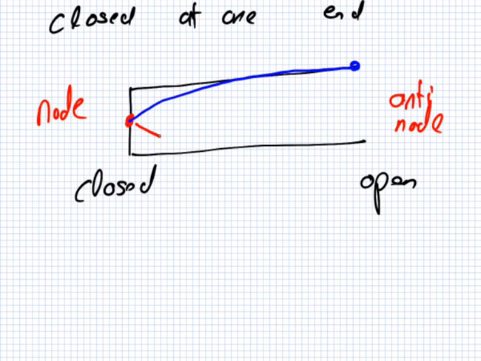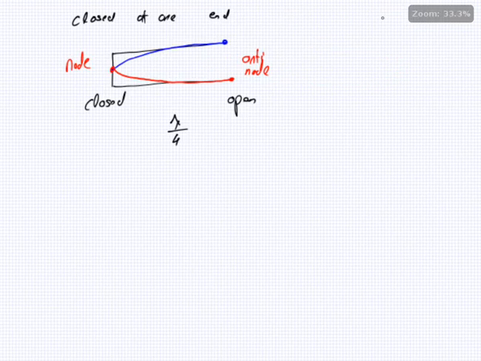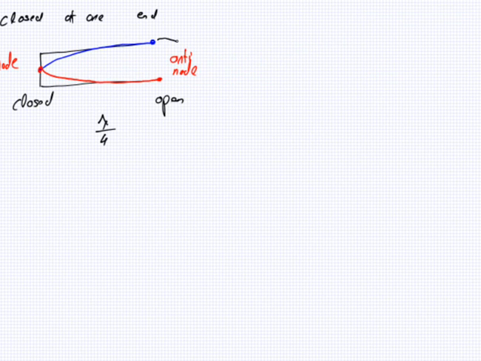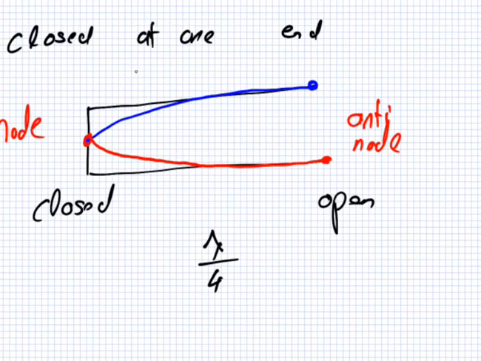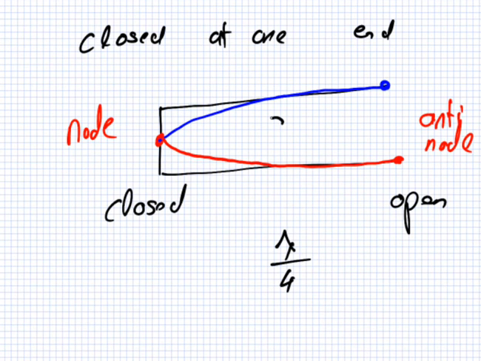The first harmonic is half a wavelength on the string. The second is one full wavelength, and then the third one is 1.5 wavelengths. Then the fourth one is 2 wavelengths.